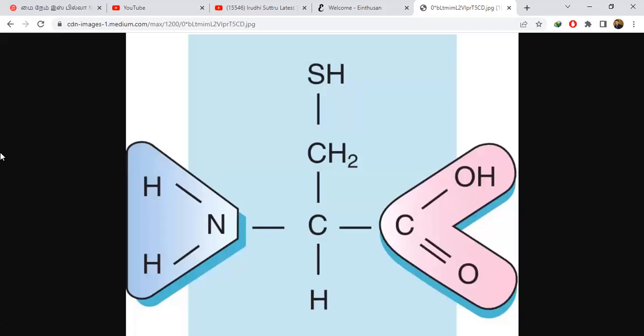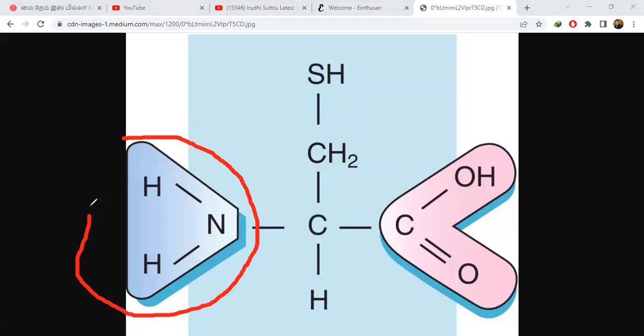Can you see the amino group? Yes, this is the amino group. Can you see the carboxyl group? Yes, this is the carboxyl group.